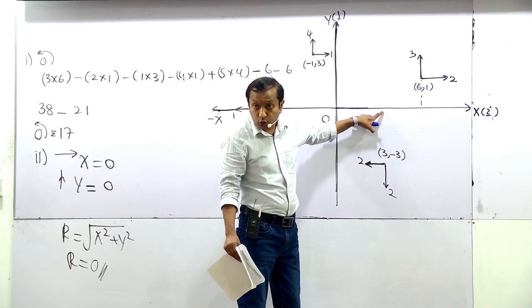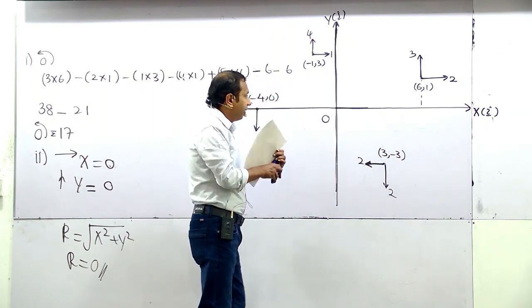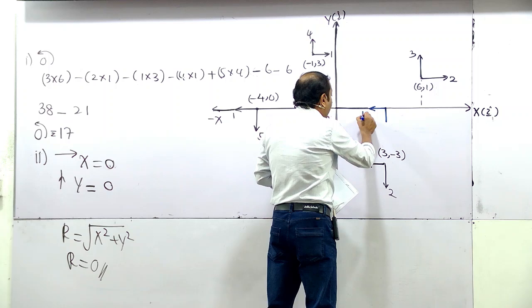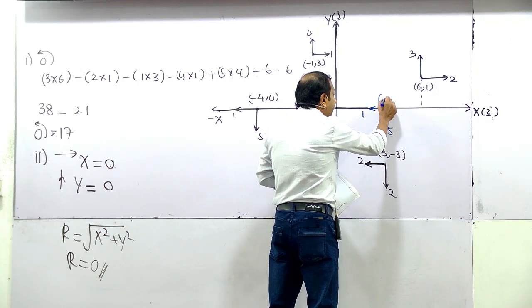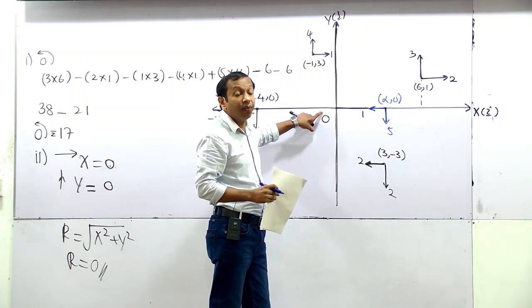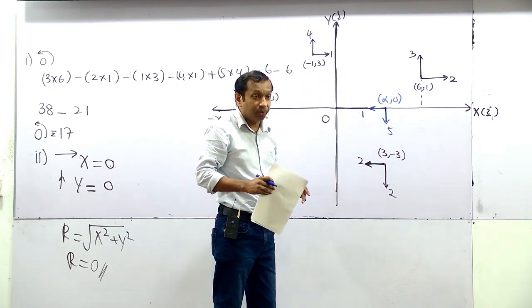Then I'll mark that force somewhere here: here 1, here 5. I take these coordinates as alpha, 0. Then around O, the moment of the whole system should be 0.